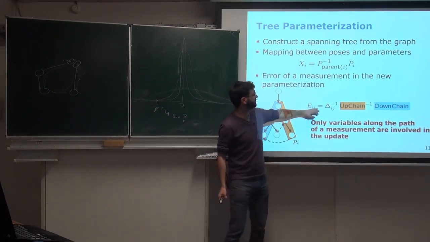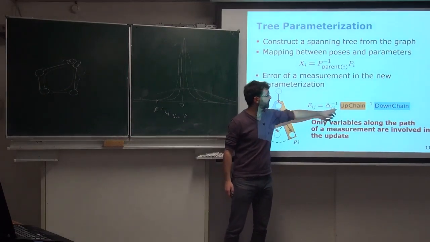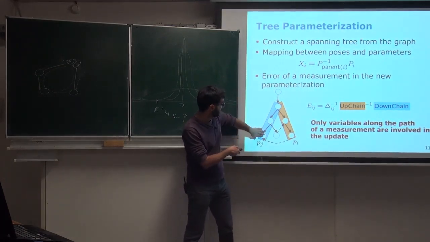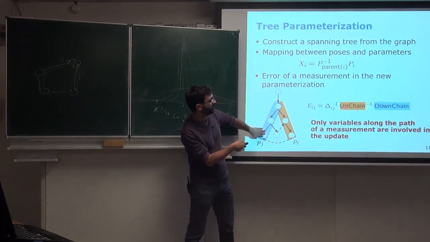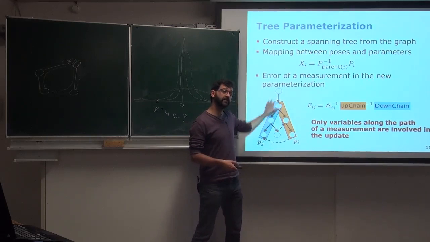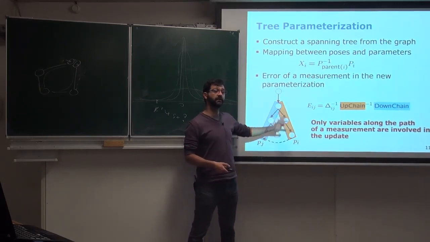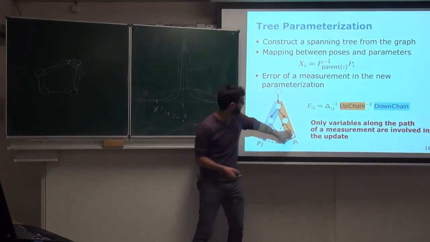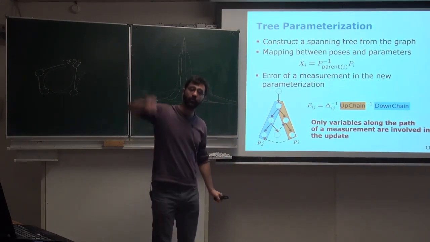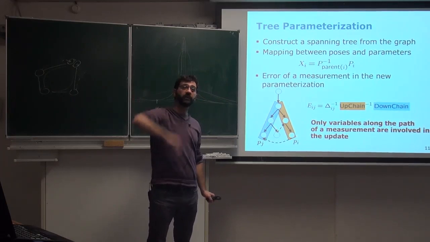And the error is exactly this: you take the down chain, then the other loop is the inverse of the up chain with the delta, inverted, and this whole thing should go to 0. So whenever you close a loop, this whole thing should be 0 because it's going around the same area.